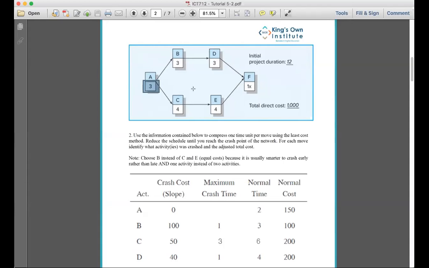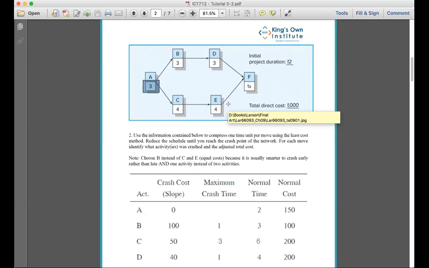Okay, so which one is the longest path after we already crash A? ACEF. And we can't crash A and we can't crash F, so we can only crash C or E.